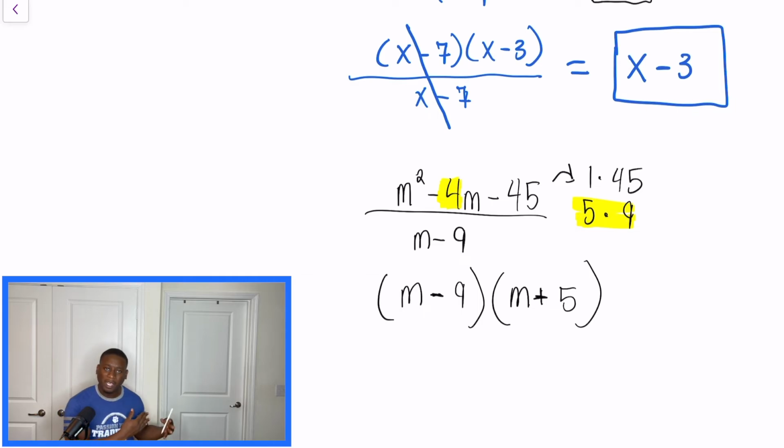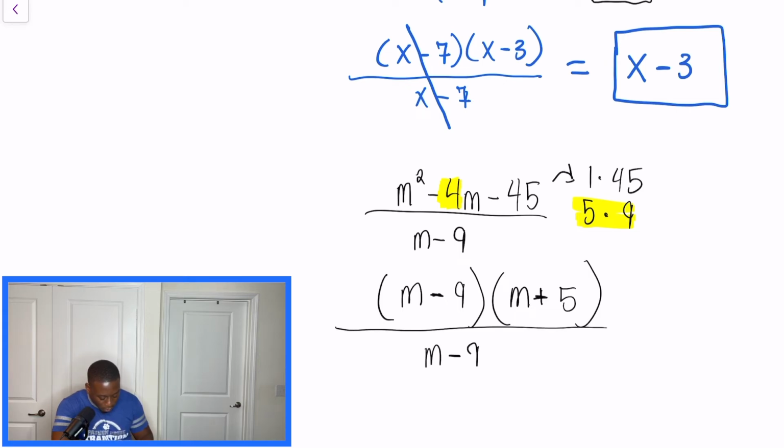Negative 9 plus 5 will still give us a negative 4 when we combine those two, and when we multiply negative 9 and 5, we get that negative 45 on the end. So we know for a fact these are the correct factors, and this is all over m minus 9. We do the same thing we did with the previous problem: we simplify, and our final answer is m plus 5.